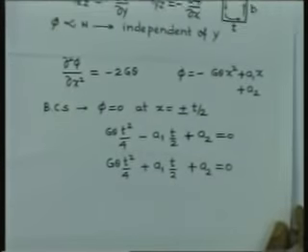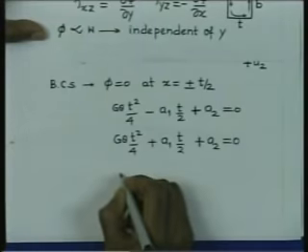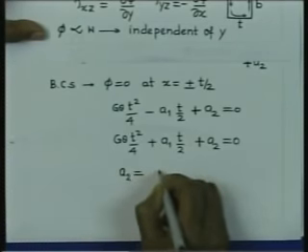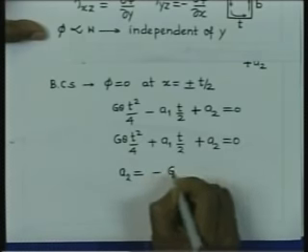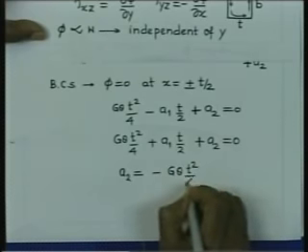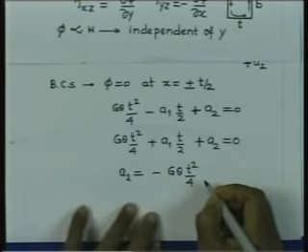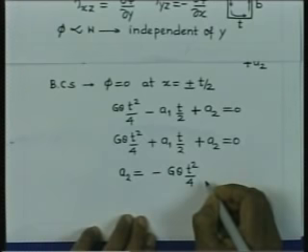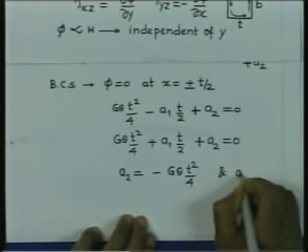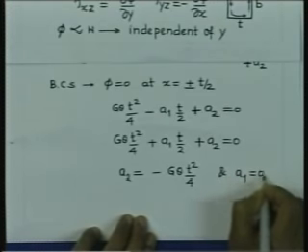So, we have two equations to solve for the two constants, and once you solve for it, you find that a2 is equal to g theta t square by 4 and a1 is equal to 0.